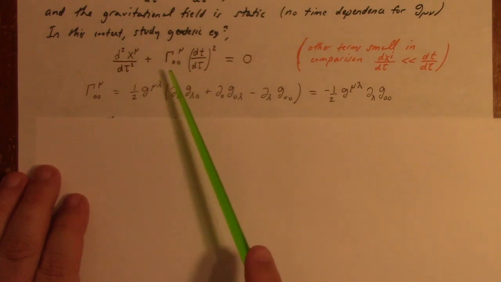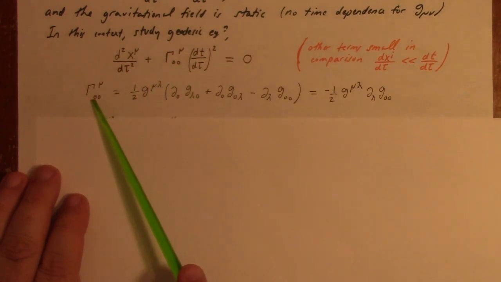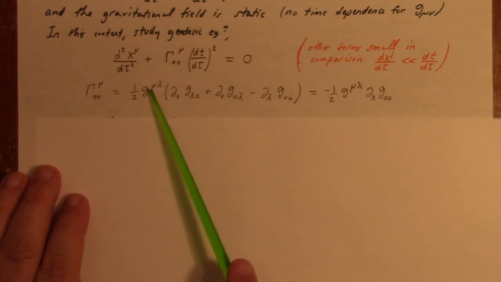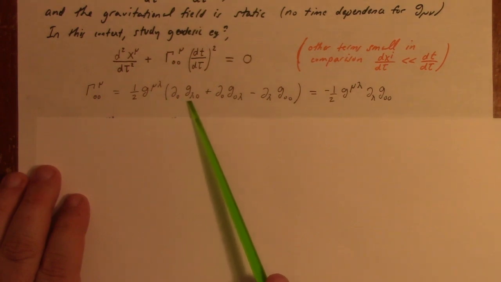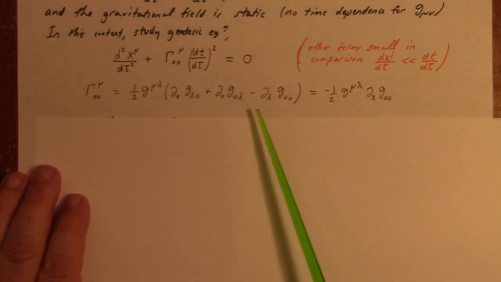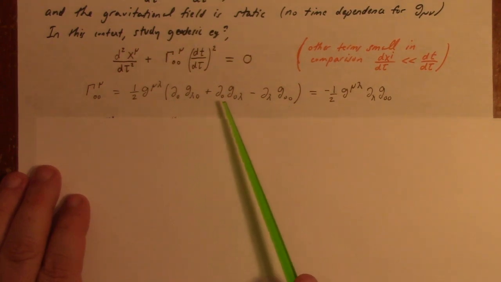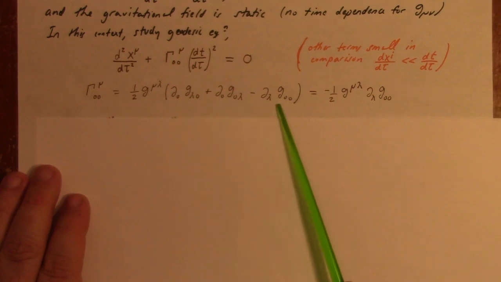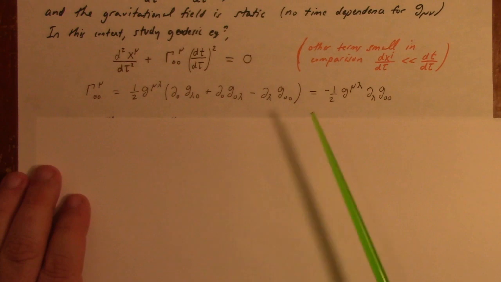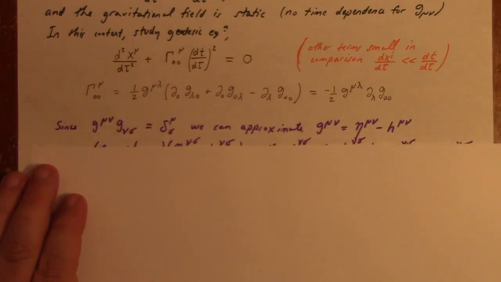Here's the connection coefficient, the Christoffel symbol, right? The inverse metric contracted across the appropriate sum of derivatives of the metric, but remember, it's static, so time derivatives are 0. Only this one can matter, and even so, we get that, all right?